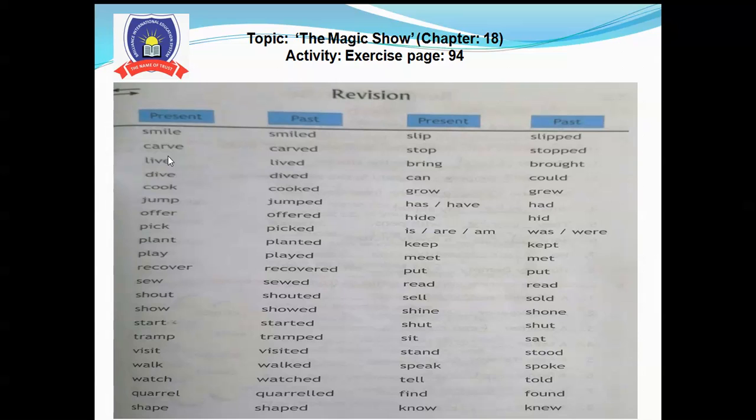Walk, walked. Speak, spoke. Watch, watched. Tell, told. Quarrel, quarreled. Find, found. Shape, shaped. Know, knew.